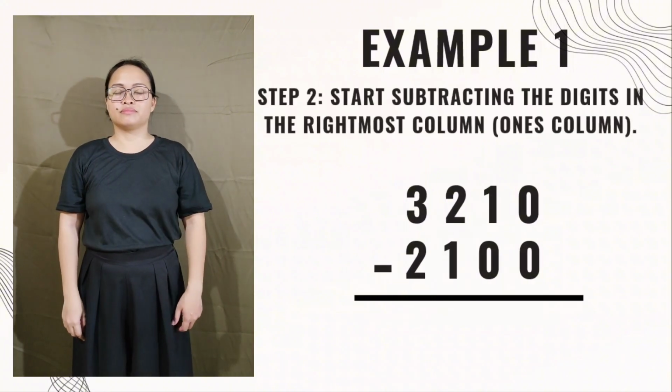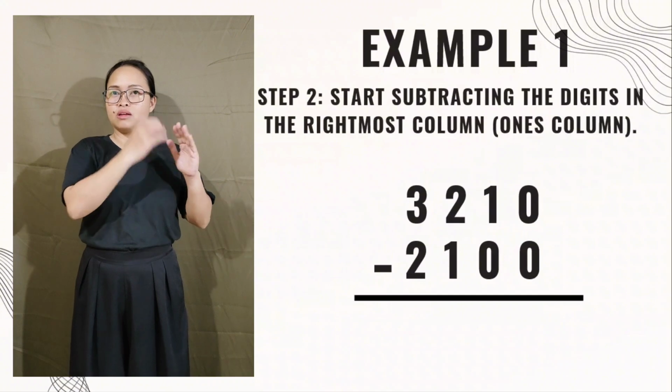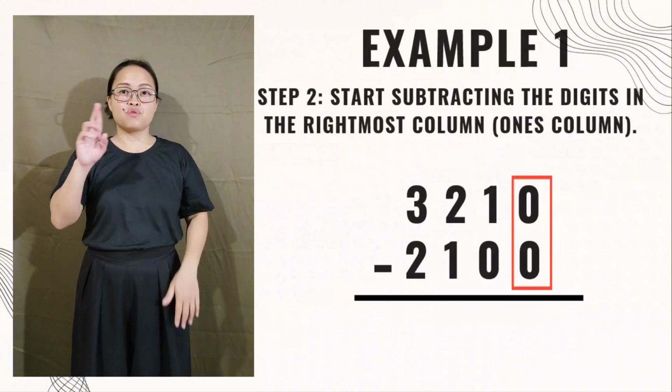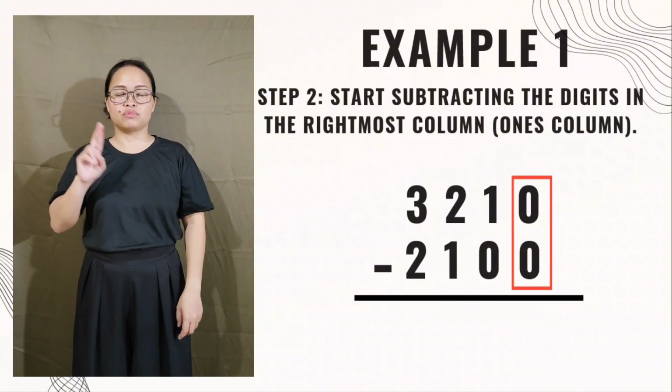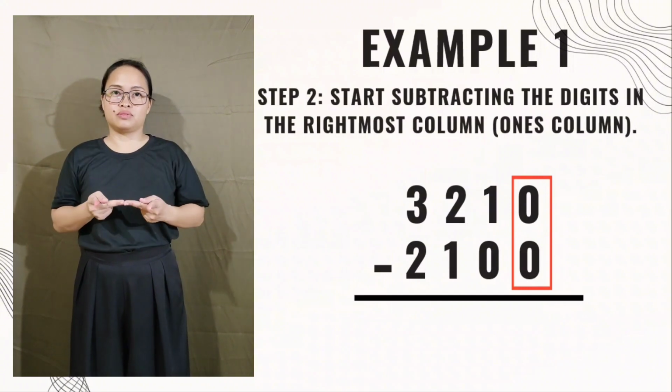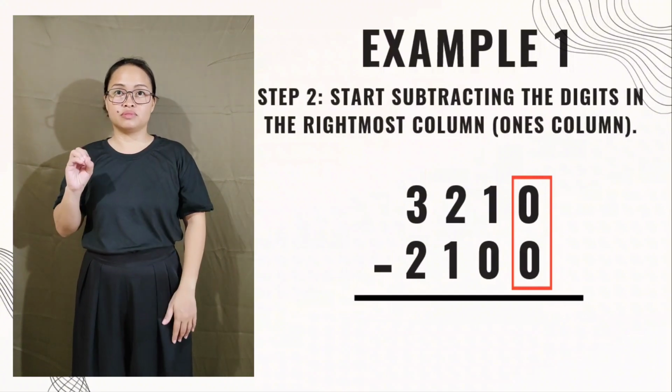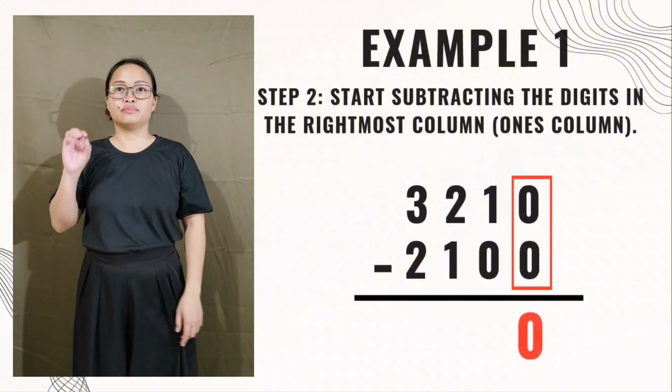Step 2: start subtracting the digits in the rightmost column, or in ones place. 0 minus 0, the answer is 0.